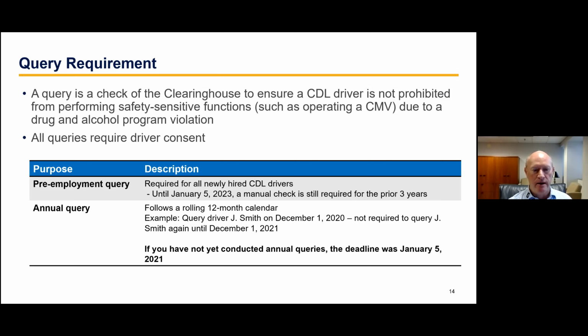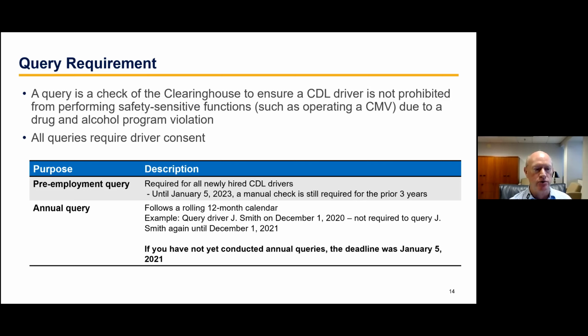So in this transition time, you're going to actually do two pre-employment types of queries. You're going to do the one in the clearinghouse, and then you're still going to send the request to prior employers and get that information and do your previous employer checks. Once January 5th, 2023 arrives, then you will not have to do that manual check.